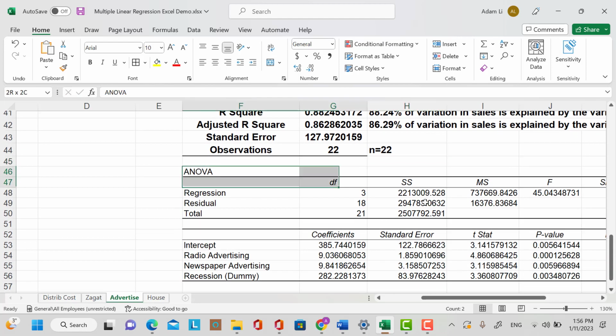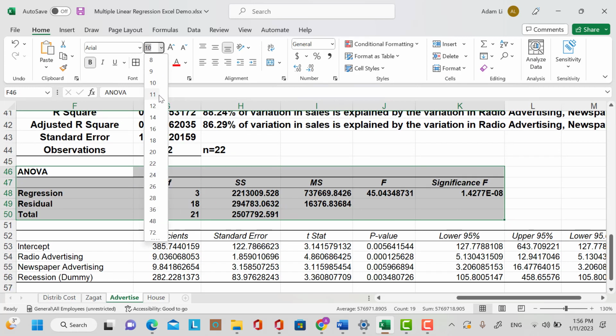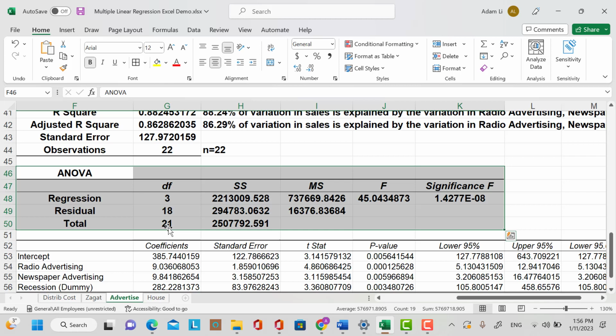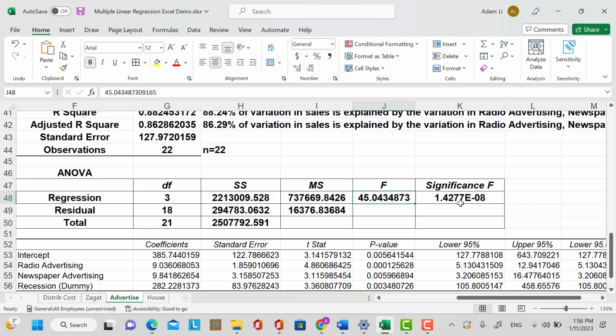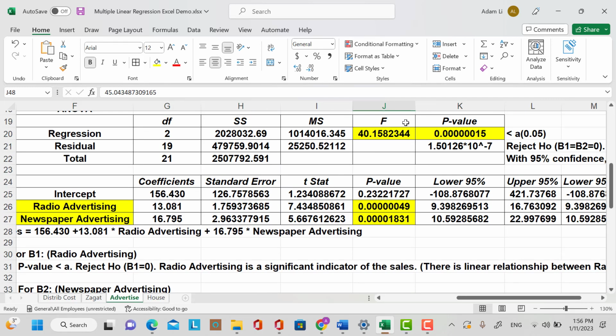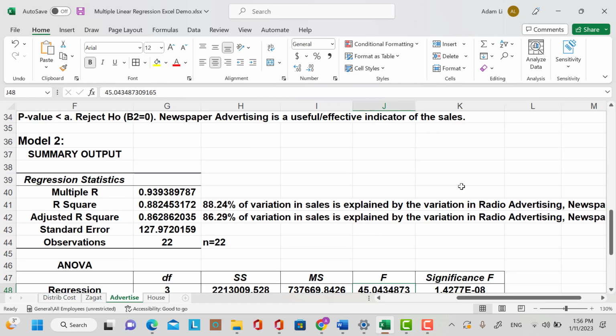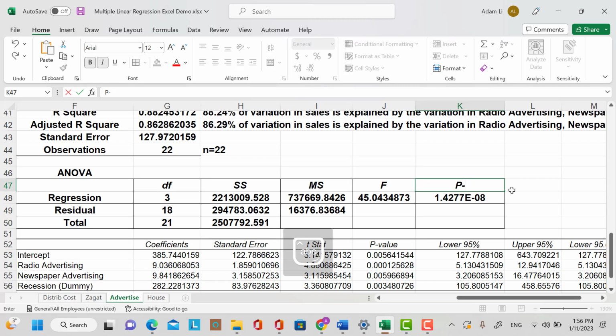Now let's look at the overall model here. The ANOVA outputs give us the effectiveness of the overall model. If you compare the F value, it's slightly bigger than the previous model. I'm going to label in different colors. And also this is the P value.